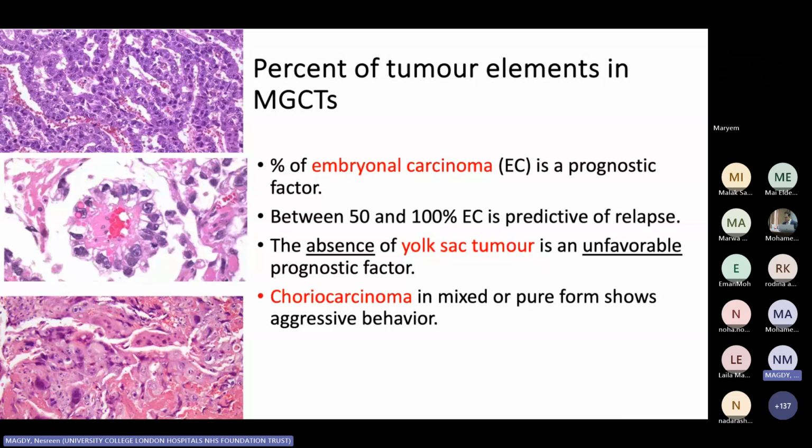On the contrary, the absence of a component of yolk sac tumor carries an unfavorable prognosis. And the presence of a component of choriocarcinoma, whether mixed or in a pure form, carries a very, very aggressive behavior with early hematogenous spread to distant sites, especially lung and brain.